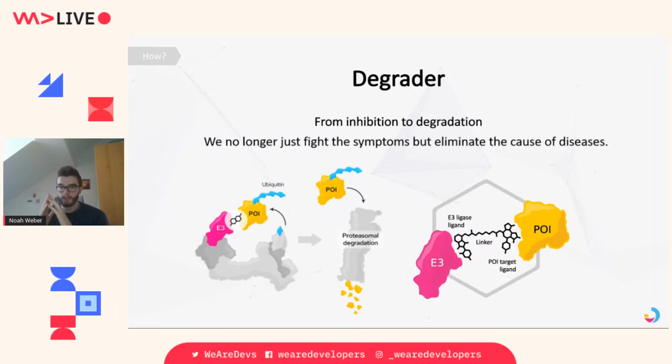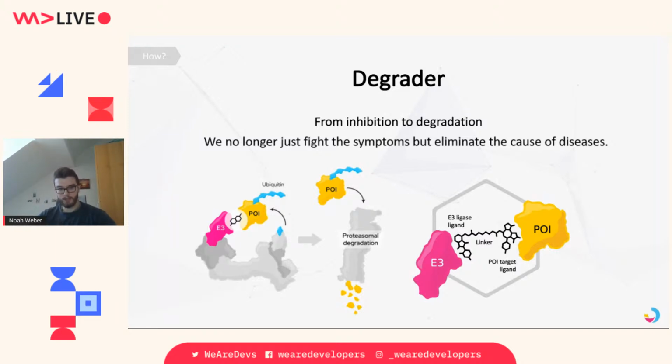So if you look at the left picture, you see the E3, the pink molecule, which is an E3 ligase. And then you see the yellow one, the protein of interest, and they need to be connected together. In the moment when this connection happens, these proteins are just molecules and they need to connect together, when this happens, then the ubiquitination, meaning the proteasomal degradation, happens.